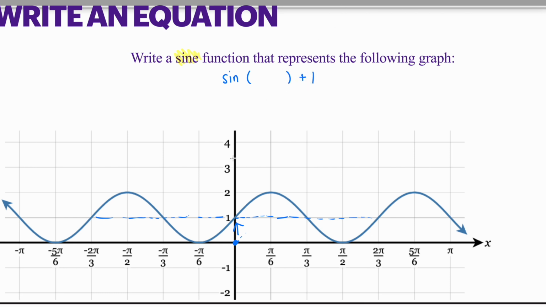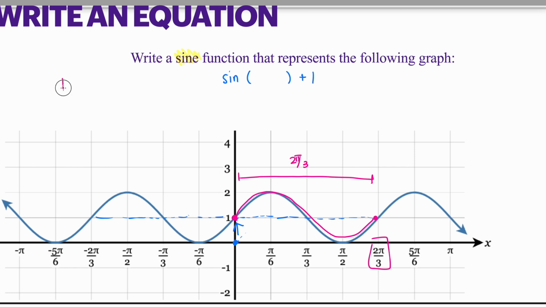And now we're going to look at the period. If it starts here, it goes up, down, and then back to the starting position every 2 pi over 3. So the period is 2 pi over 3.